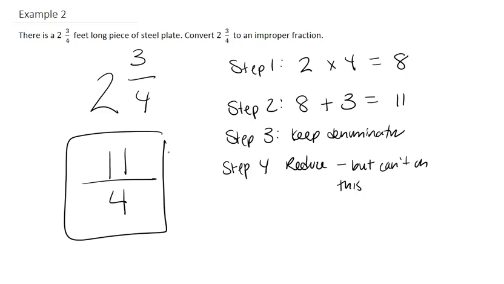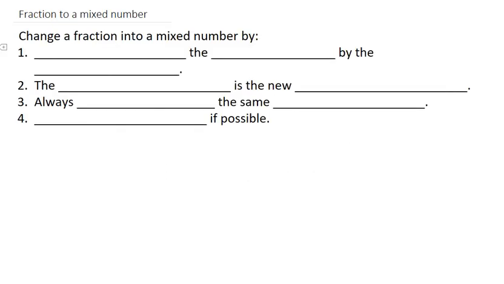Now let's go over how we change a fraction back to a mixed number. How we would do this, we would first divide the numerator by the denominator.